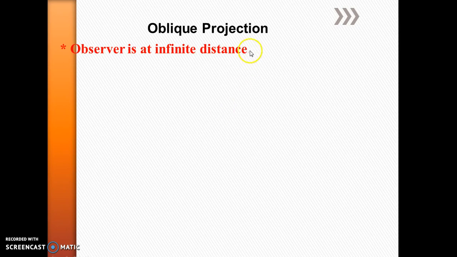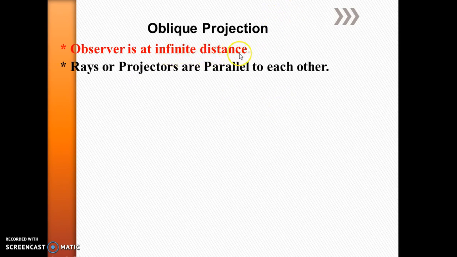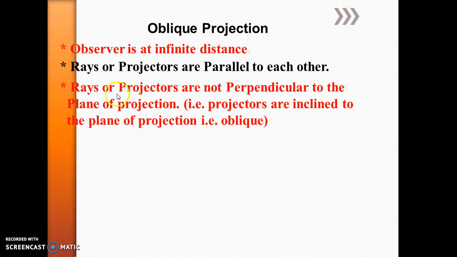Then the next type is oblique projection. When the observer is at an infinite distance, it is called oblique projection. The rays of the projectors are parallel to each other, which is similar to orthographic projection, but the projectors are not perpendicular to the plane of projection. That is, the projectors are inclined to the plane of projection.